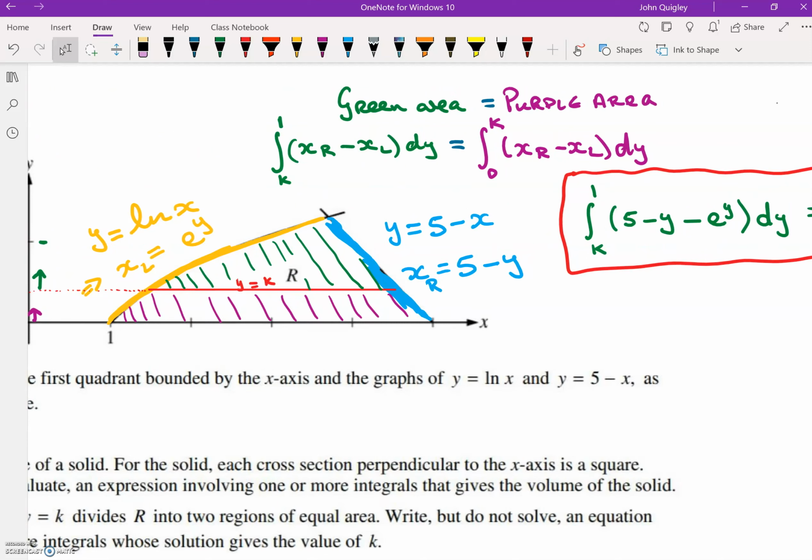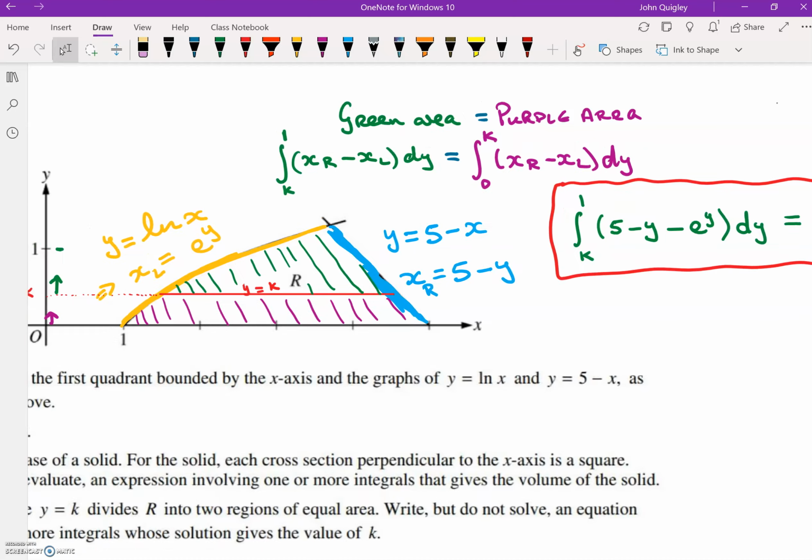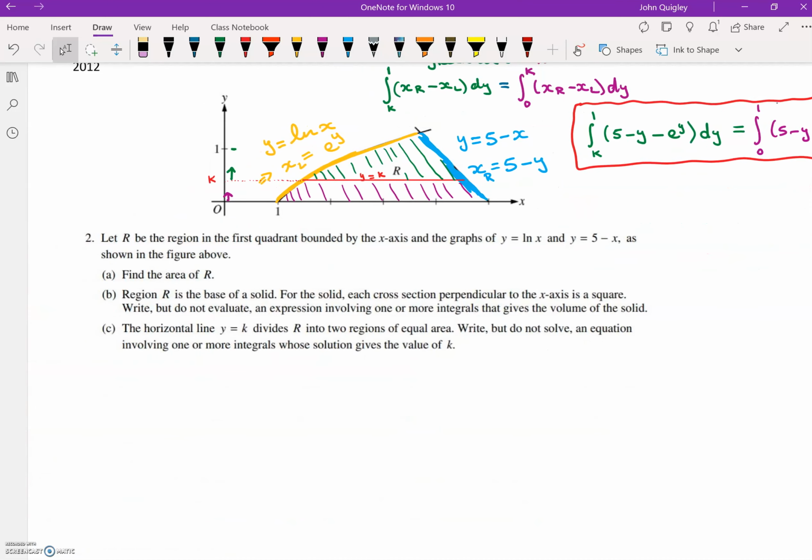So what's all this about then? Well, just to summarize it, let's see if we can put it in words.